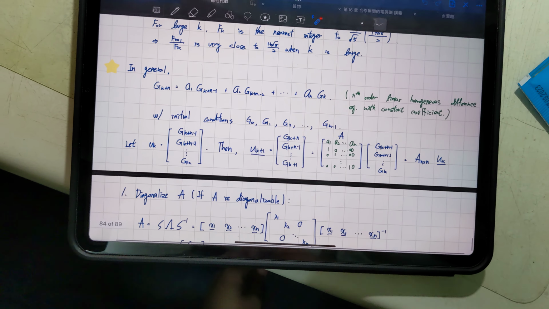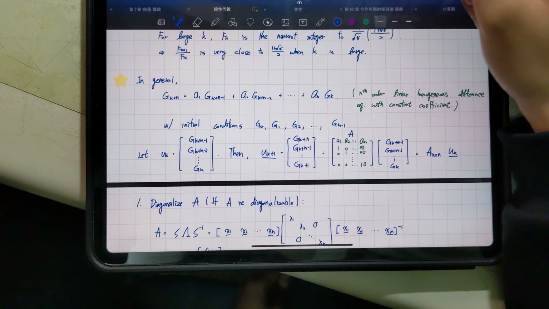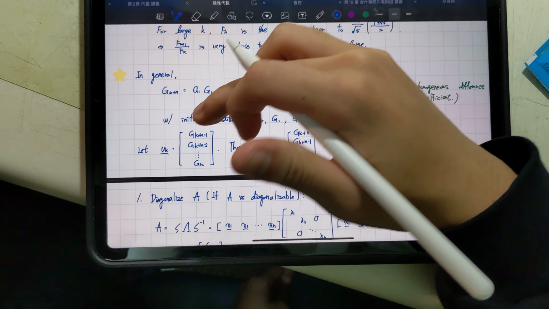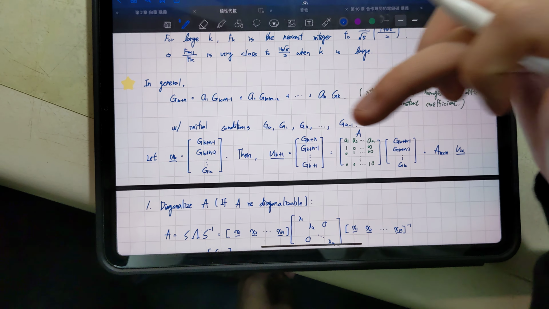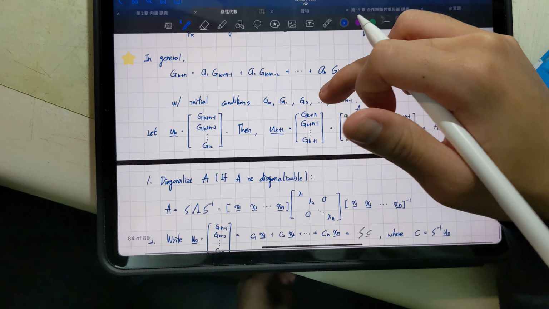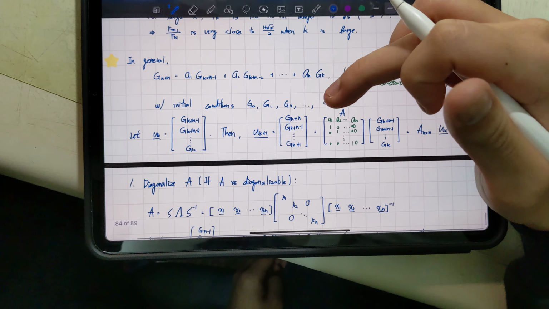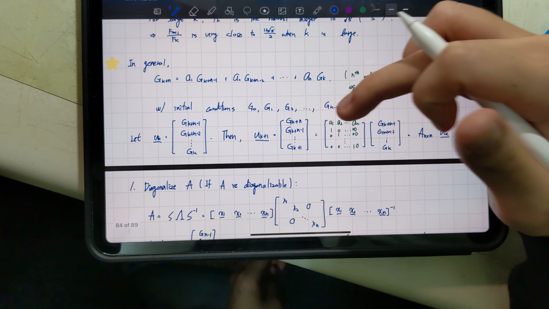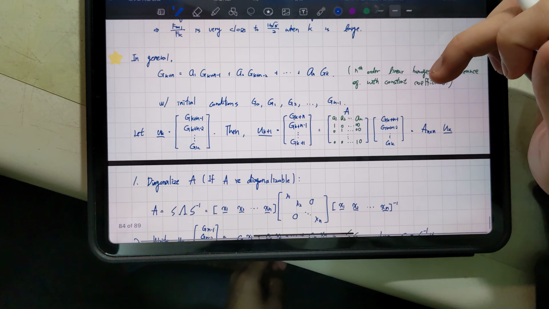So let u_k be a vector equal to g_{k+n-1}, g_{k+n-2}, down to g_k. Then u_{k+1} is g_{k+n}, g_{k+n-1}, down to g_{k+1}.